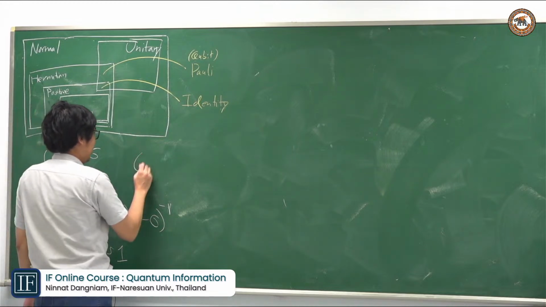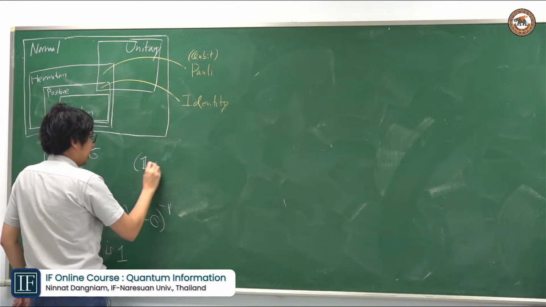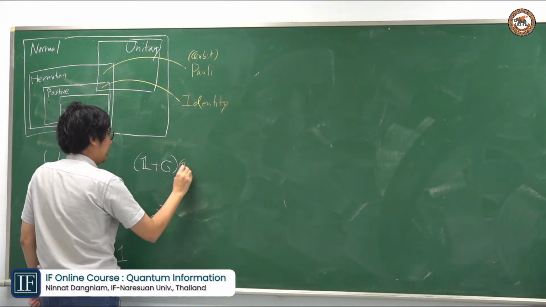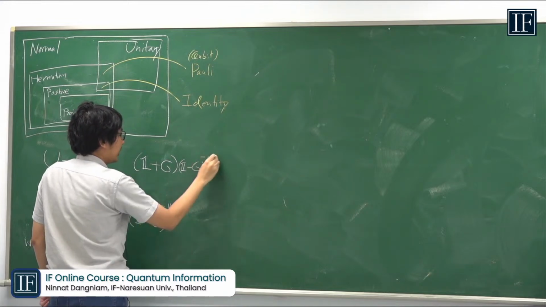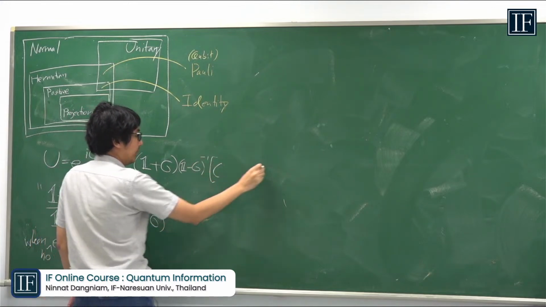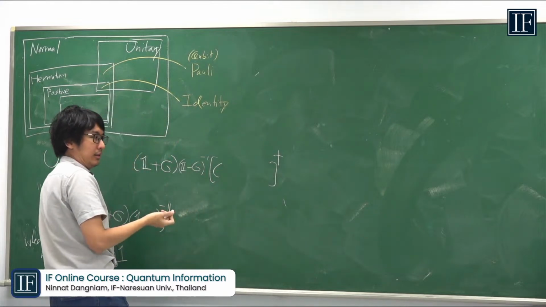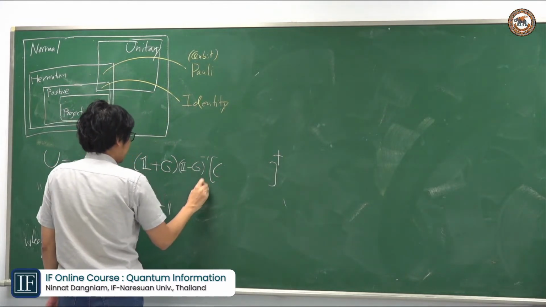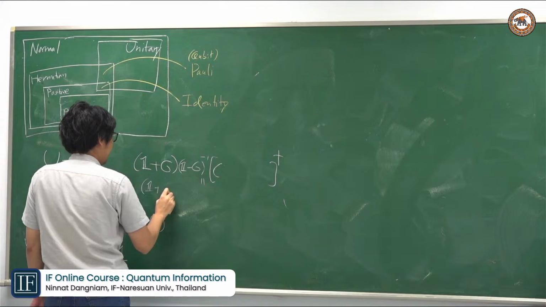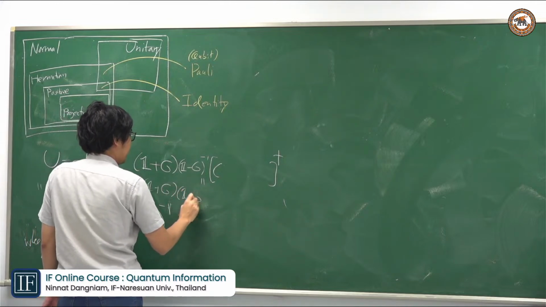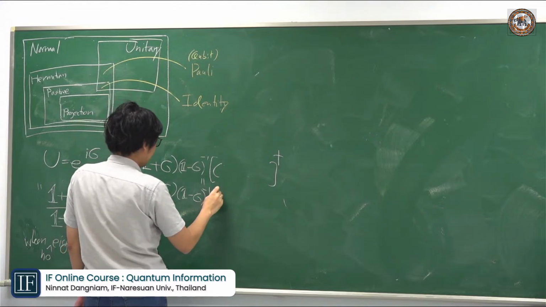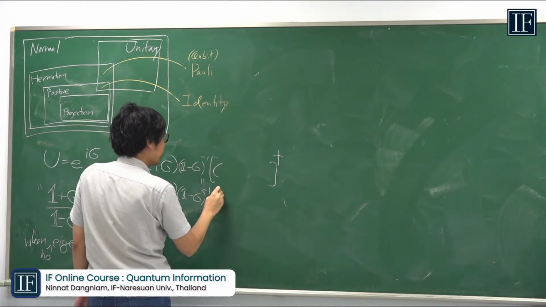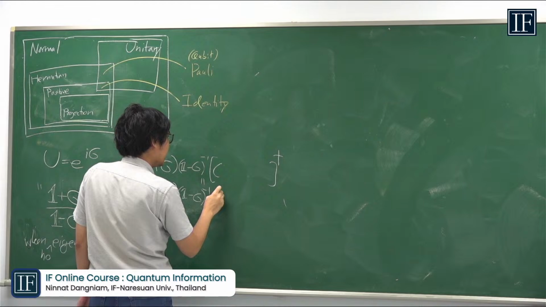So if I take this and then multiply by its dagger, right? Then this would be the same guy, and then well, it's okay, switch the order.